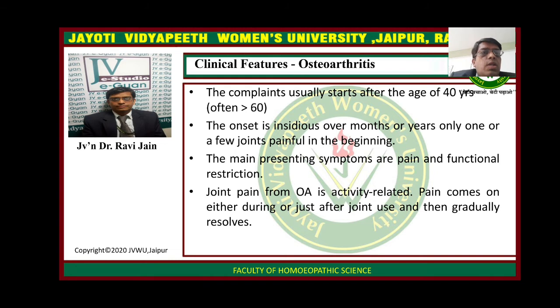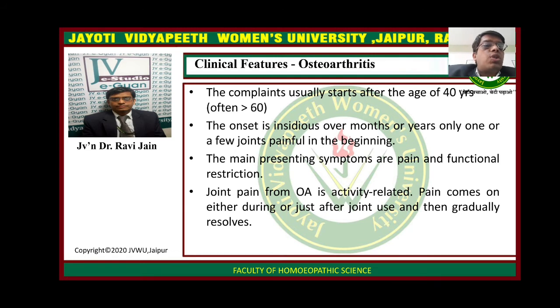The onset is insidious, slowly developing over months or years, and only one or a few joints are painful in the beginning. The main presenting symptoms are pain and functional restriction.